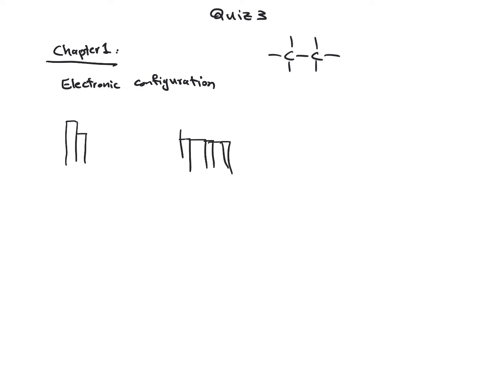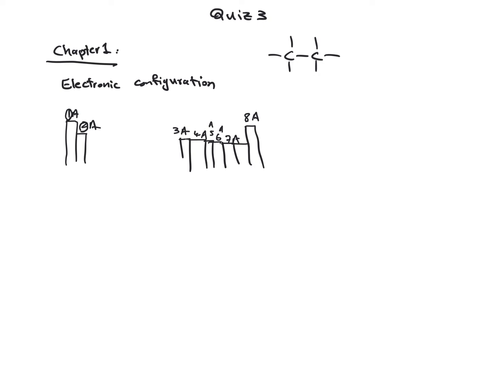This is group 1A, 2A, and then we have group 3A, 4A, 5A, 6A, 7A, and then group 8A. If you consider these main group elements, whatever the number is here is the number of valence electrons.